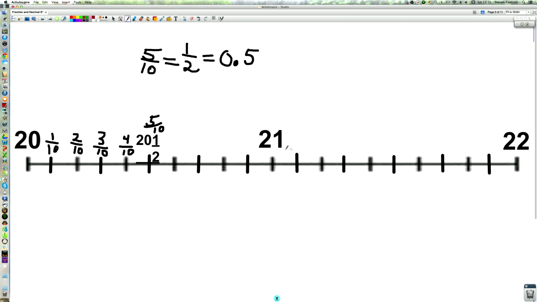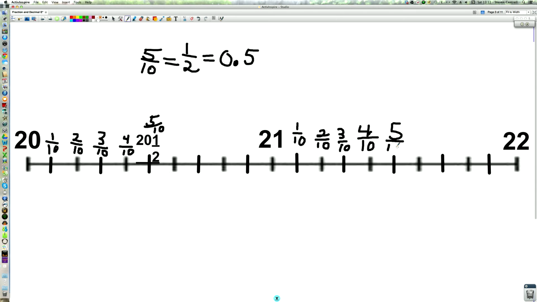Okay, so let's mark our tenths between 21 and 22. So this would be 21 and 1/10, 21 and 2/10, 3/10, 4/10, 5/10.